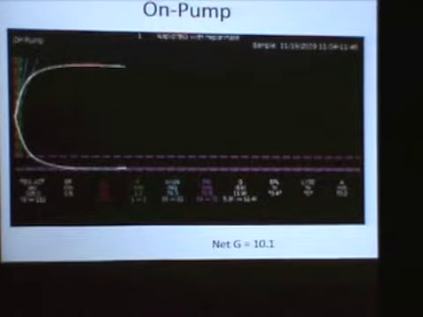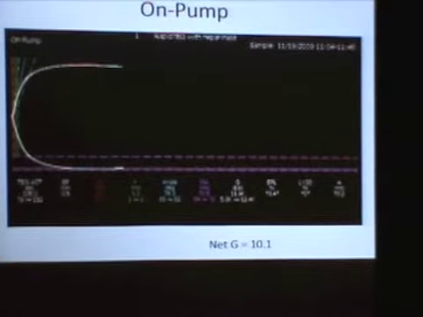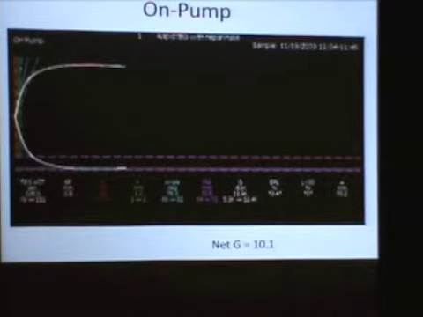Okay, this is on her bypass run, and you can see we got the ACT right here. Now she's on bypass, so why does she have an ACT of 105? It should be above 500. Because, as Joe pointed out earlier, we're using a heparinase cup, which will eliminate the heparin in the sample.